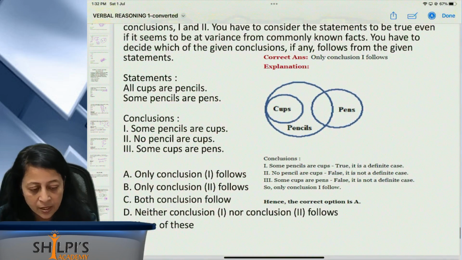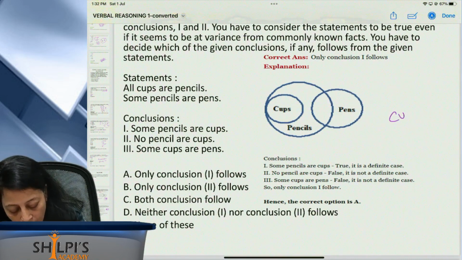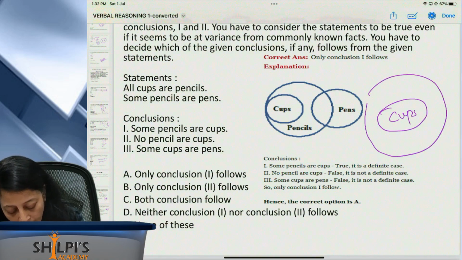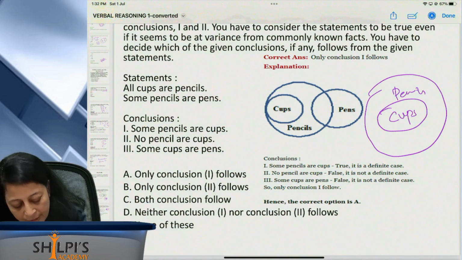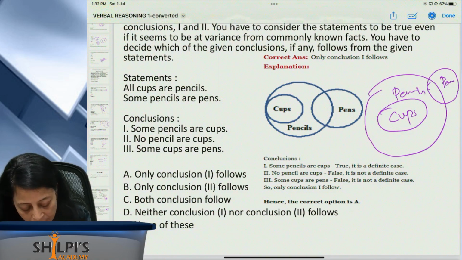Next statement is, all the cups are pencils. All the cups are pencils. And some pencils are also pens. So what is the conclusion? Some pencils are cups.